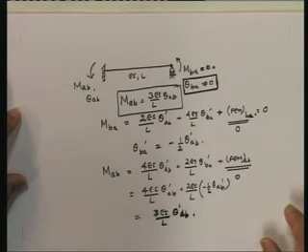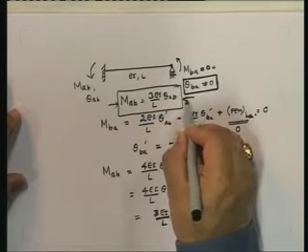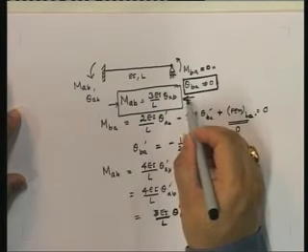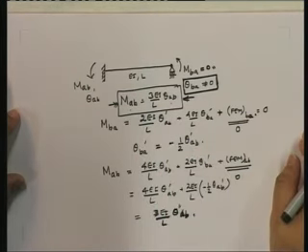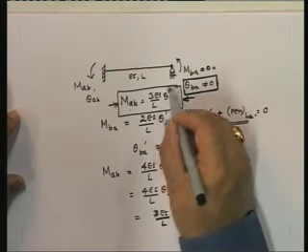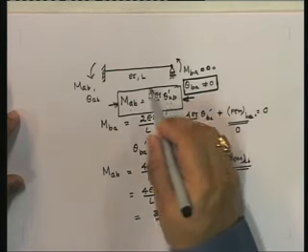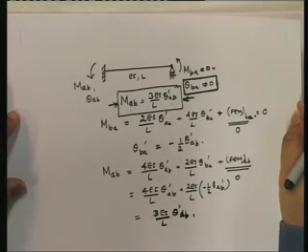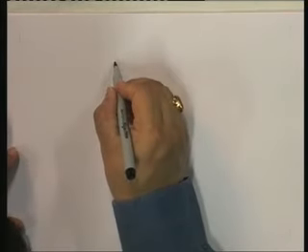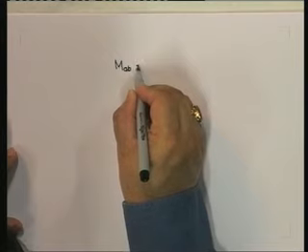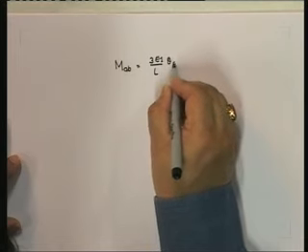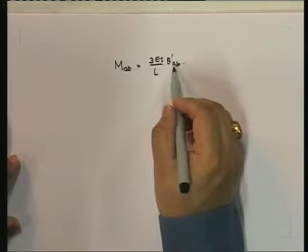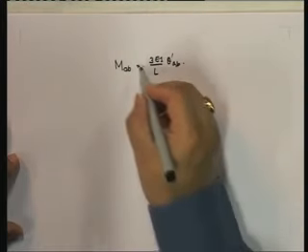Now, the whole point here is that this is for a fixed hinged member, and this is the force deformation relationship, where this angle is from the chord to the displaced tangent.